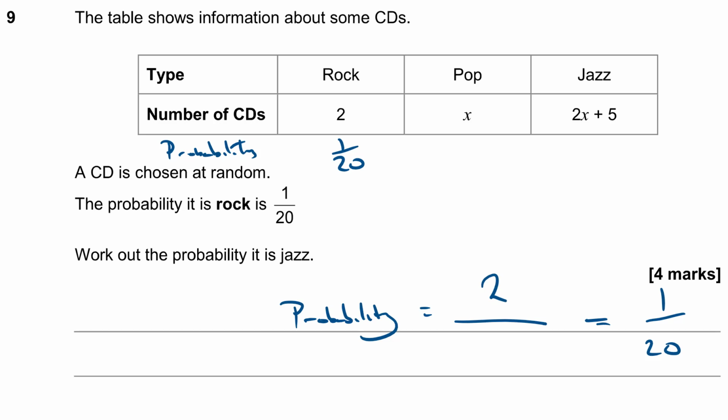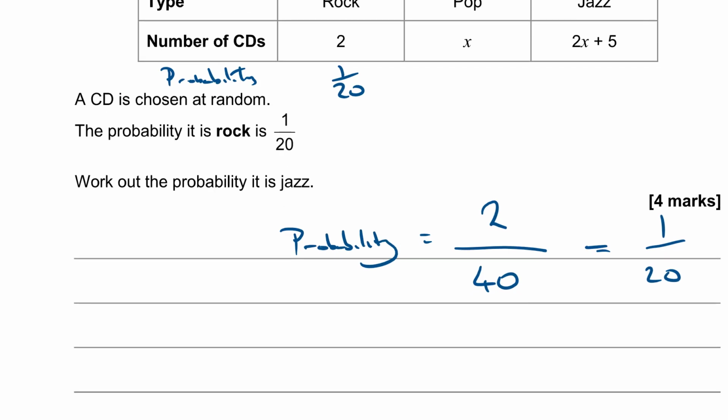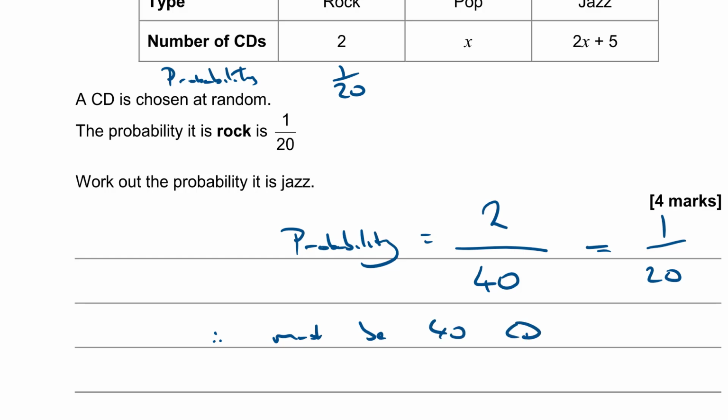So that means there must have been 40 total outcomes, so that 2 over 40 can cancel down to 1 over 20. So there must be 40 CDs altogether.